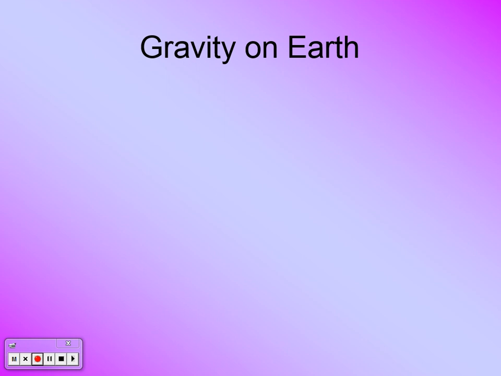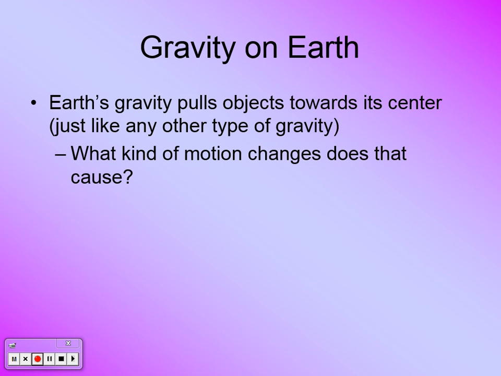The one gravity that we obviously deal with most often is the gravity here on Earth. But like we discussed, gravity isn't something that the Earth does to other things. It exists between things, right? Gravity here exerts a force on all of our objects. If gravity exerts a force on objects, it can do one of three things to them. What can it do?